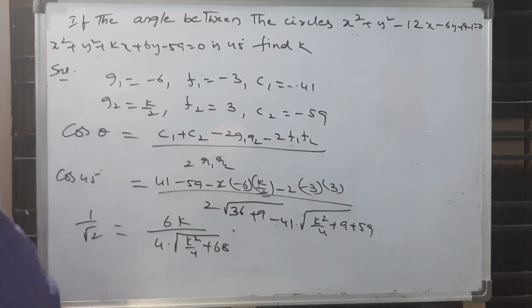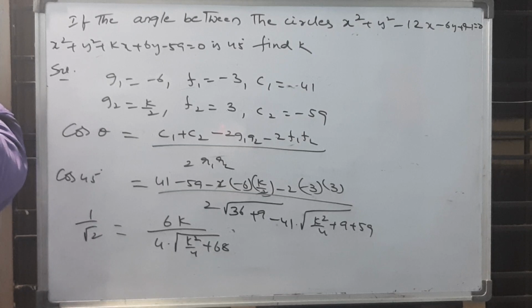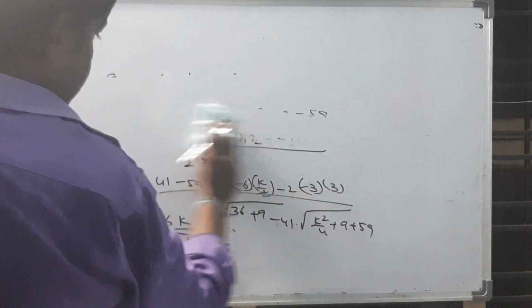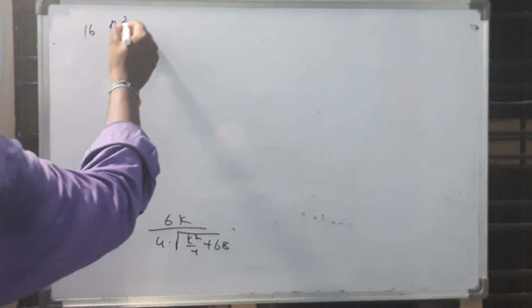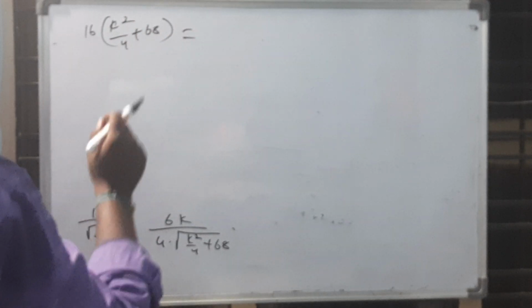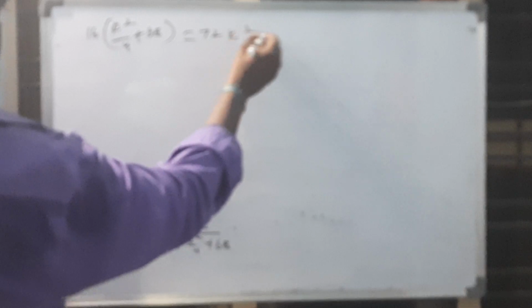Okay. Do cross multiplication and squaring on both sides. So what will come? Sixteen into k square by 4 plus 68 equals 36 into 2, 72 k square.